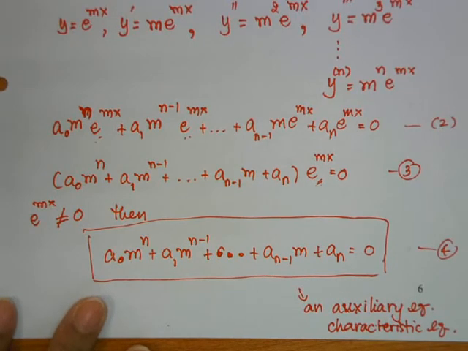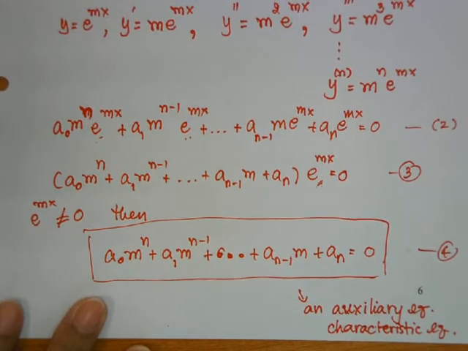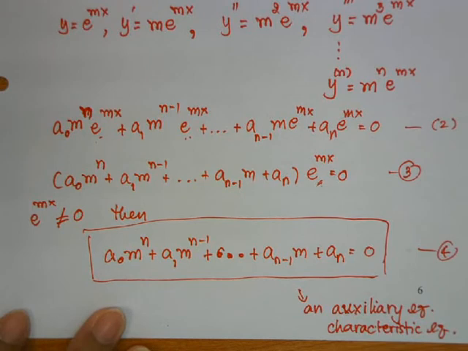Because a0, a1 until an are real constants, we have to find m.